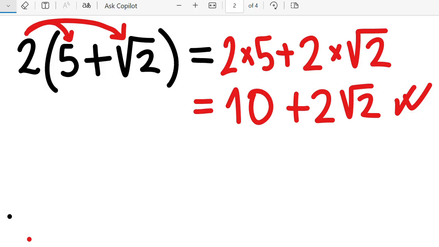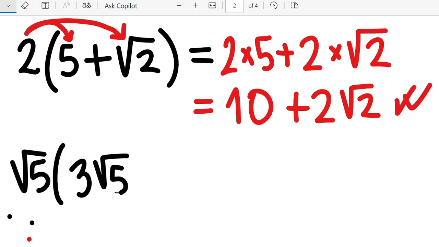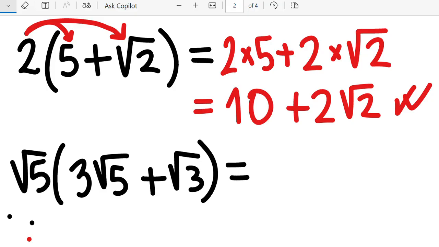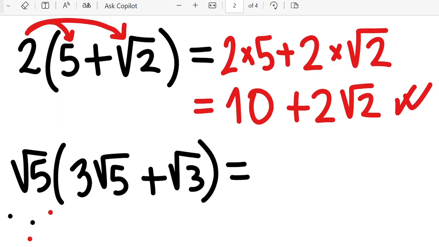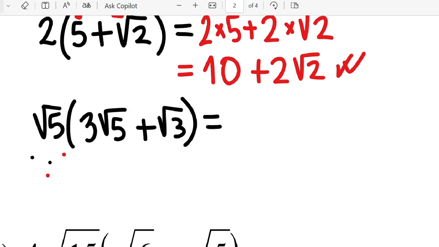What if we have, for example, radical 5 multiplied by, let's say, 3 radical 5 plus radical 3. Okay, this one is very important. Let us multiply this. Remember, number by number, radical by radical.